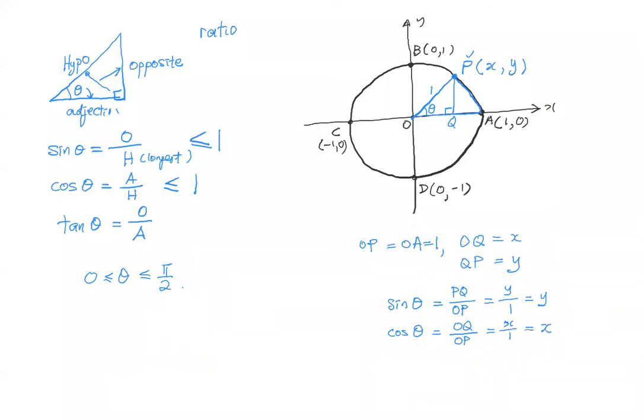So in conclusion, if I have a unit circle like that, the x coordinate is the value of cos and the y coordinate is the value of sin of the angle.